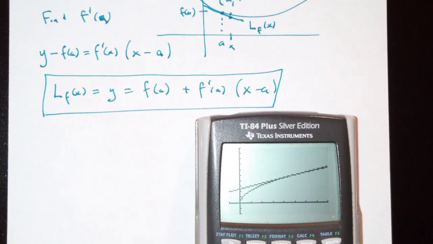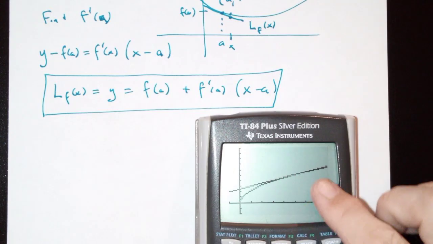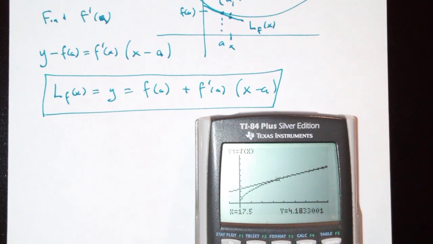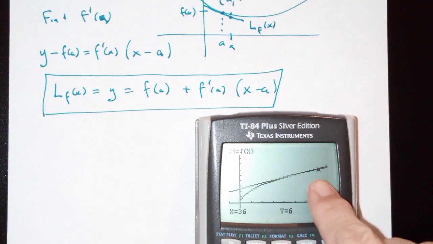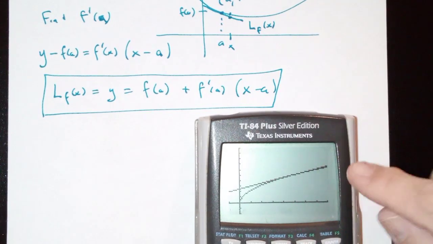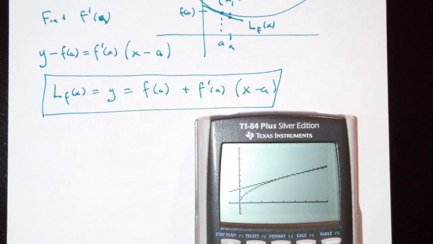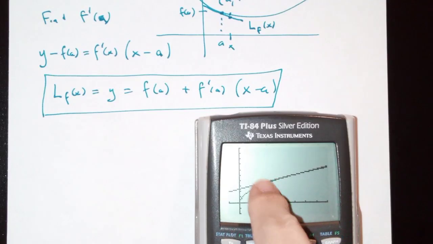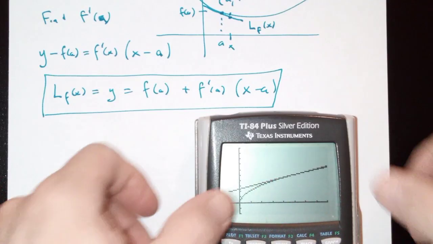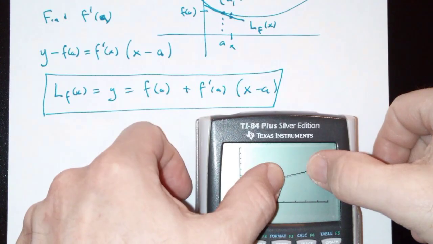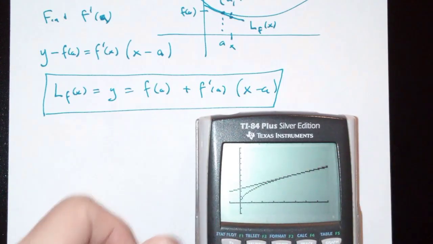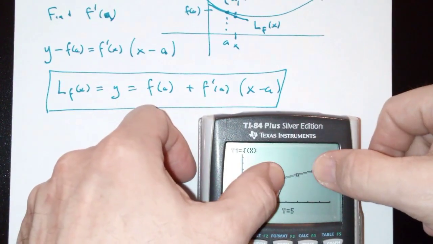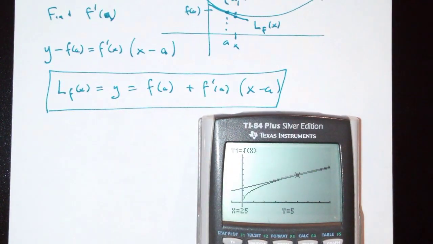Now this actually allows me to see why, as I get closer and closer to 36, the graph and the line start to separate again, don't they? And if I come this way and I get further away from 25 to the left, again, the graph and the line separate. But in this section around 25, they're really close. They're almost indistinguishable in this picture.